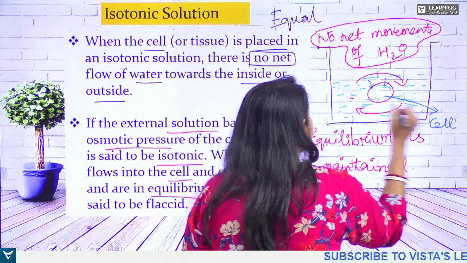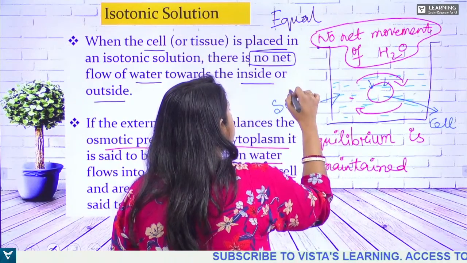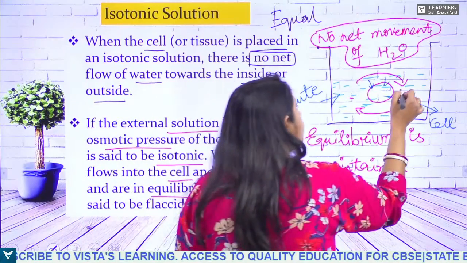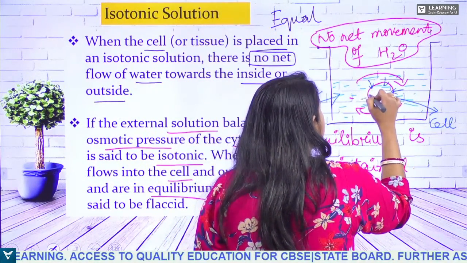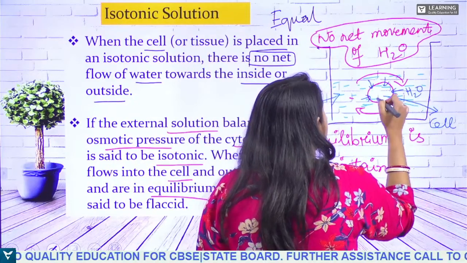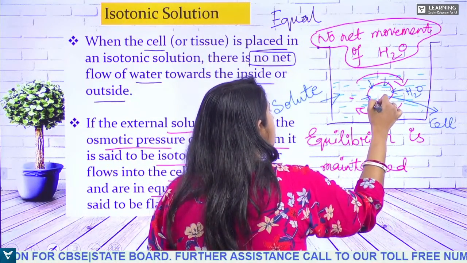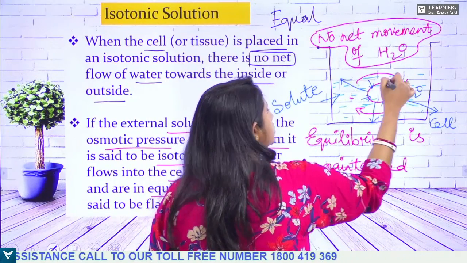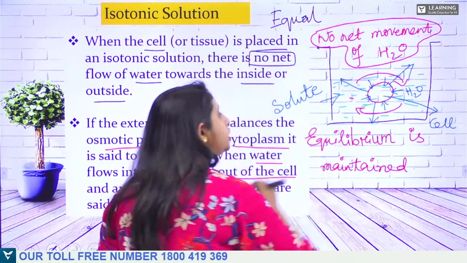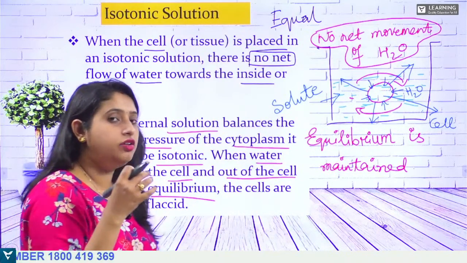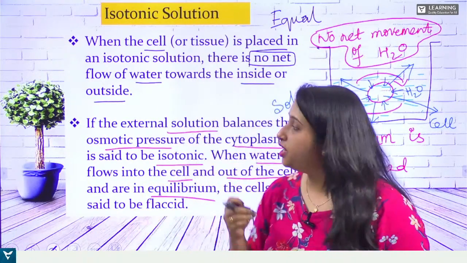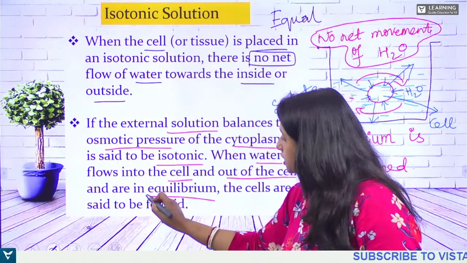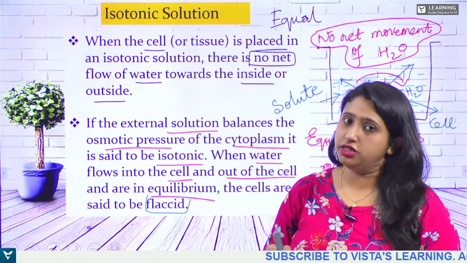This is a cell, and this is the solute, or the solution where the cell is being kept. The water molecules are moving inside, and from the cell also they are coming out, isn't it? When they move both inside and outside, the equilibrium is maintained, so there is no net flow of water. And the cell is said to be flaccid.